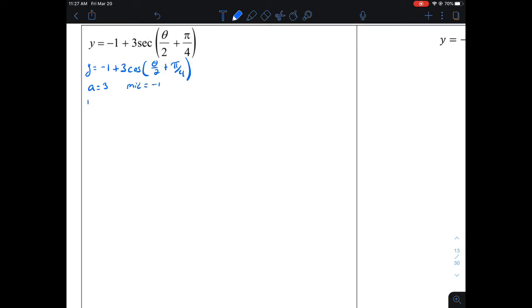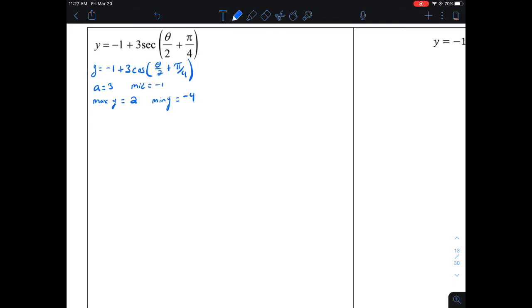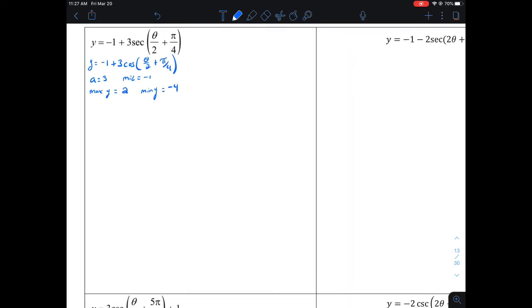So I can get my max y would be midline plus amplitude is 2, minimum y, midline minus amplitude -4. So I have a vertical scale right now. So I'm going to go ahead and make that. So green is going to be my secant stuff.